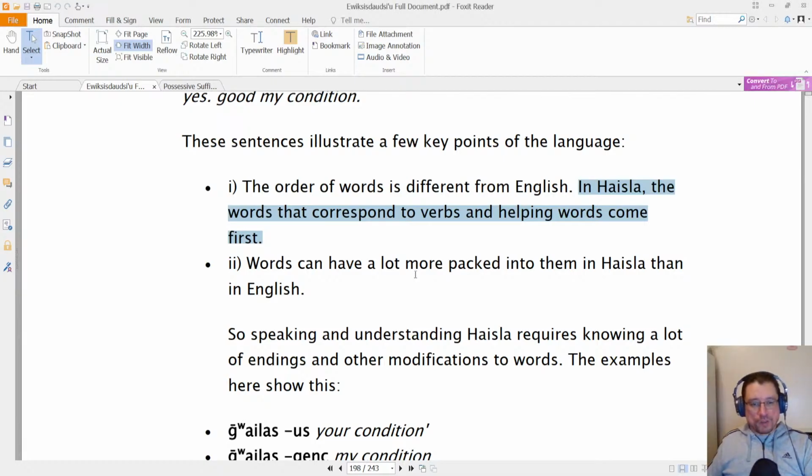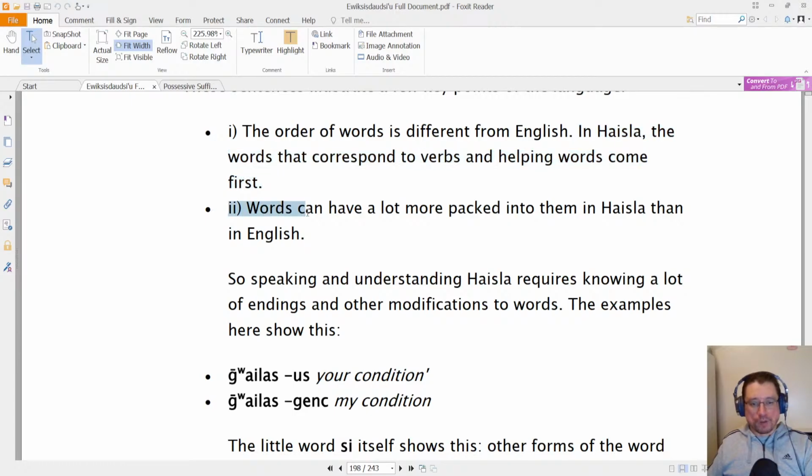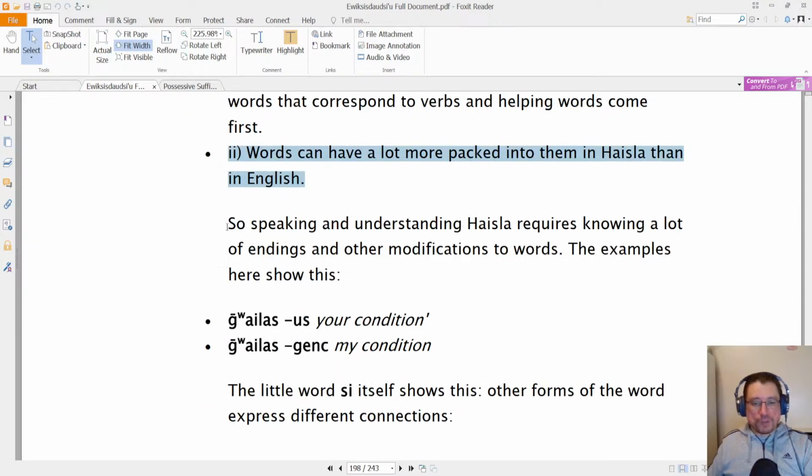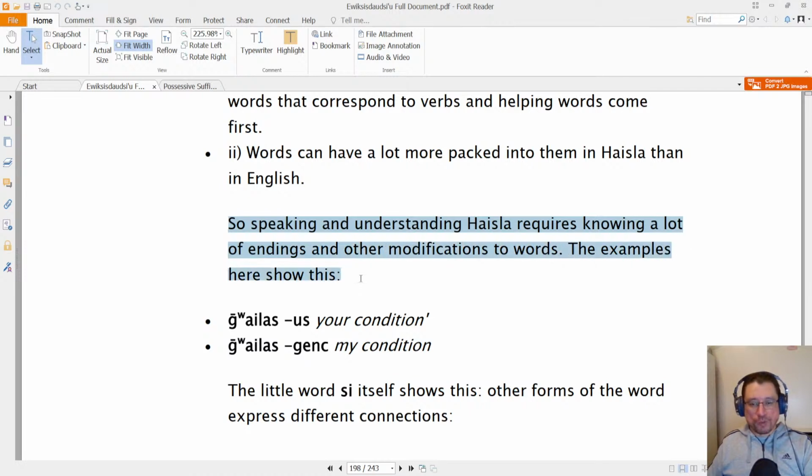So going back to the document here, the second point: words can have a lot more packed into them in isla than in English. So speaking and understanding isla requires knowing a lot of endings and other modifications to words. The examples here show this.